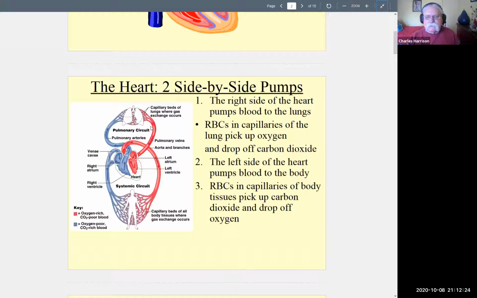The oxygenated blood now continues back to the heart and is pumped forcibly through the rest of the body until it reaches the capillaries of the tissues, where the exchange in the opposite direction takes place.